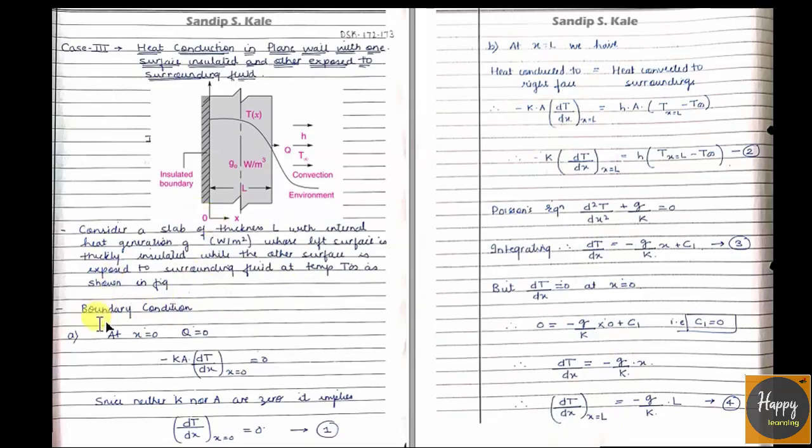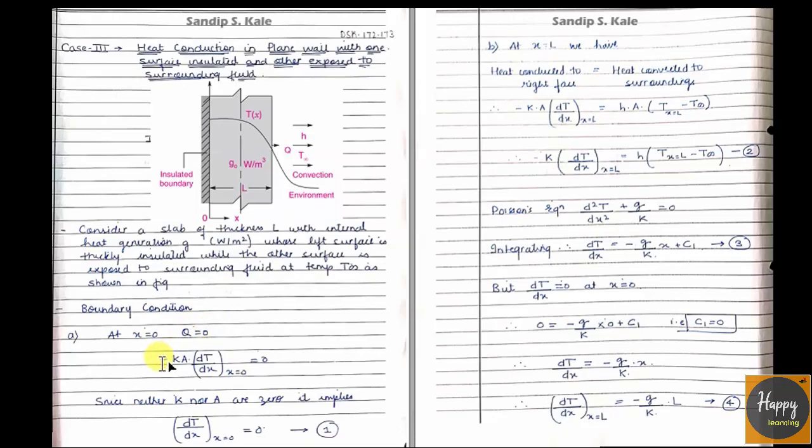The boundary condition at x is equal to 0. At x is equal to 0, q is 0. Why? Because the left hand side is insulated. As the insulation is provided, the heat transfer is 0.